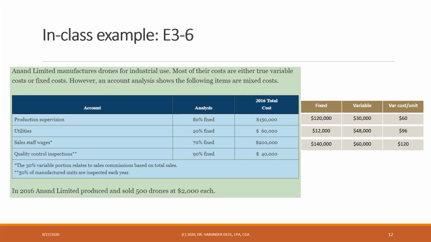The other $60,000 is variable, which we use to calculate the per unit cost. Quality control inspection total cost is $40,000. 90% of that is $36,000, which is fixed. The remaining $4,000 is the variable cost, and $4,000 divided by 500 units gives us a per unit variable cost of $8.